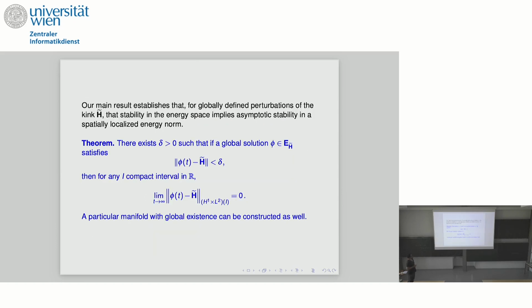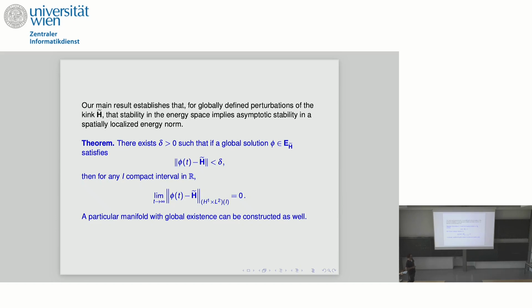And so here's our main theorem. Assume that you have a global solution in this particular setting, right? Your solution is always close to the kink in this particular norm that I mentioned before. Then for any compact interval, we get, in fact, weights as well, you have full convergence locally in space to the kink solution as time tends to infinity.